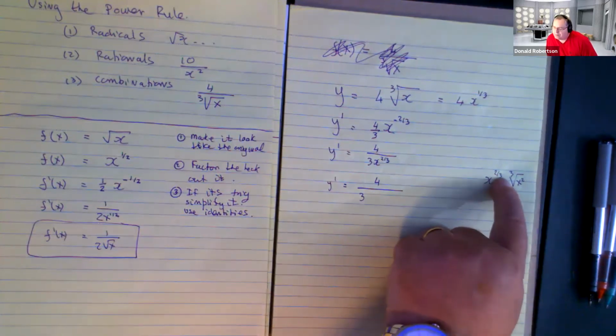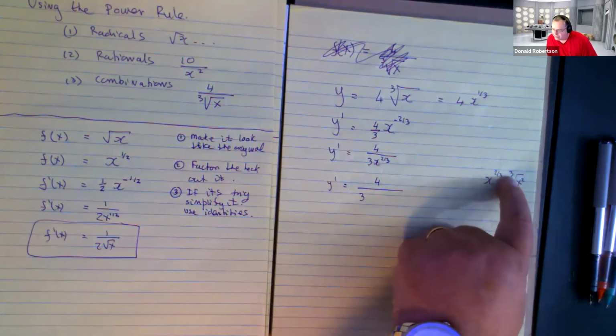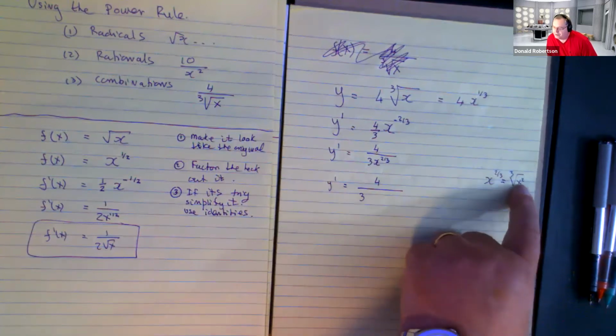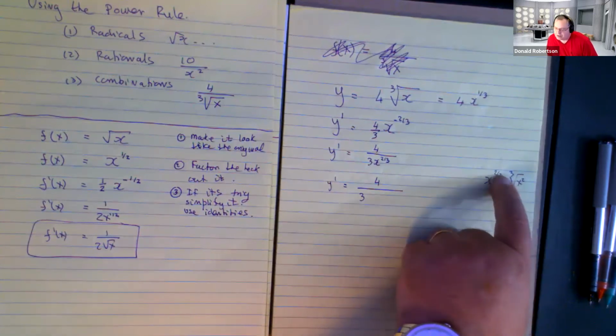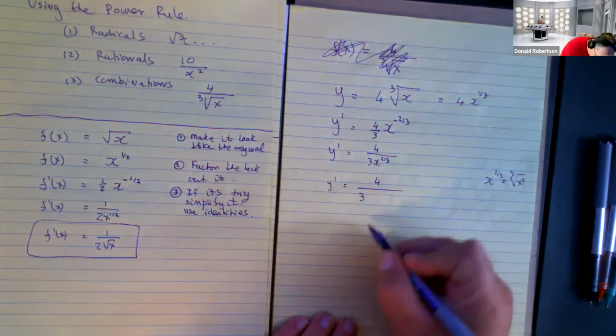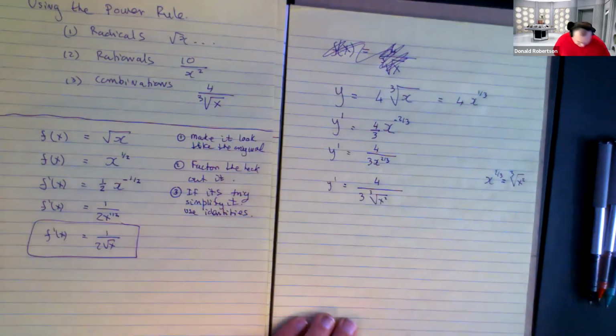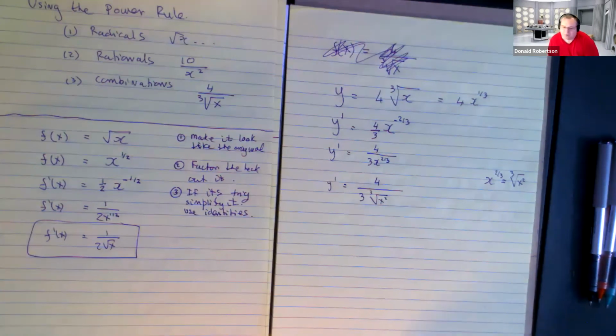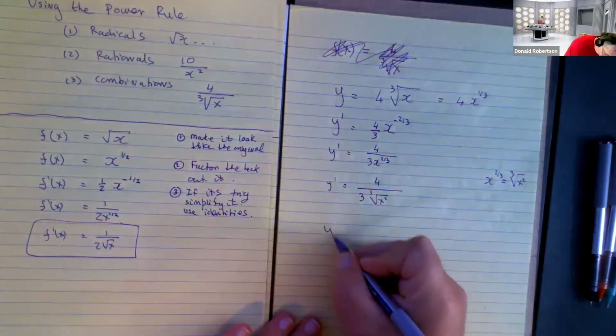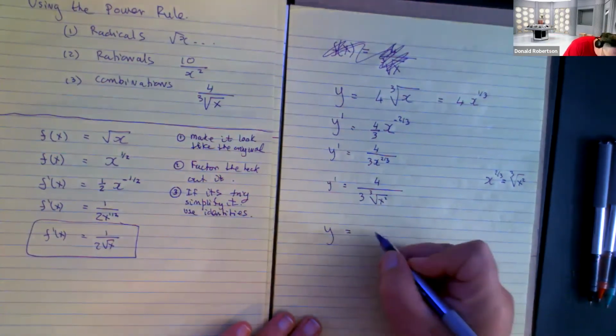The bottom is the root, right? So if that's 5, it's a 5th root. If that's 2, it's a square root. It's 3, so it's a cube root. The top just basically tells you this guy here. So that's 2, it's x squared. And so we now have the cube root of x squared. Now, I'll show you another one.